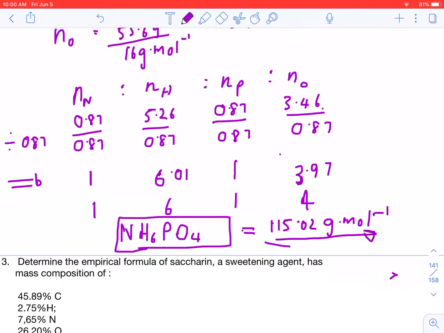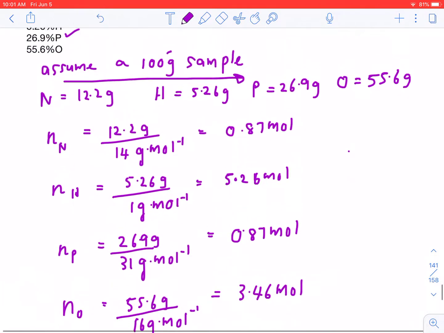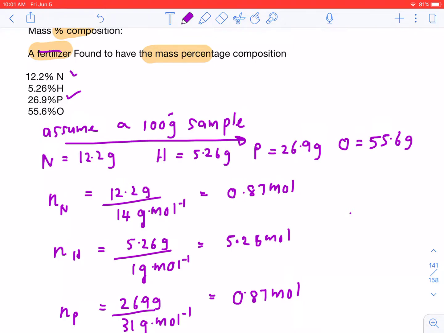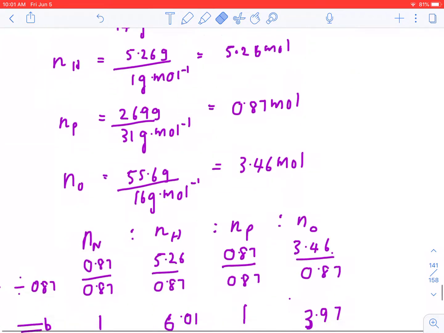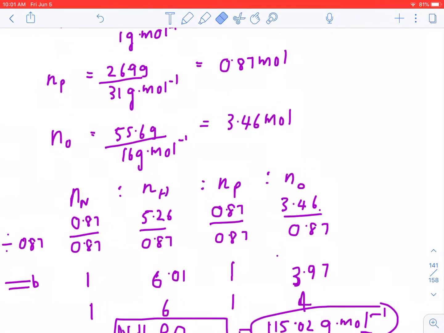To work out the percentage of nitrogen and verify if the formula is correct, you should get 12.2%, so you take the 14 grams upon 115.02, and that should give you 12.2%.